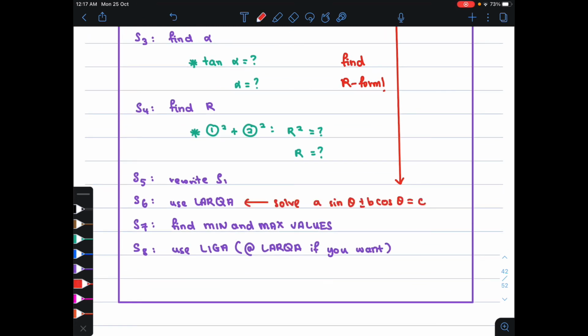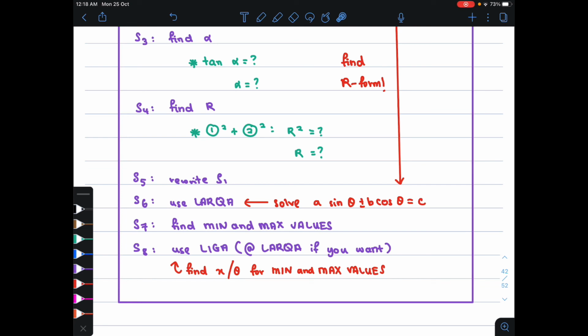Step 6 is when you use Larka in order to solve A sin theta plus minus B cos theta equal to C. Step 7 is to find the minimum and maximum values. And step 8 is to use Liga or Larka if you want, whenever you need to find the values of X or theta for min and max values.